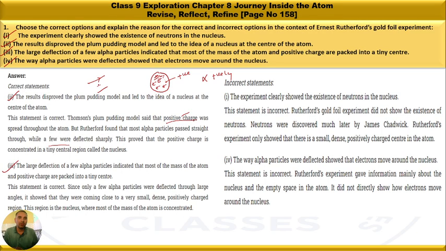Alpha particles are positively charged, and if one collides with a positive charge, then a deflection will take place. So in Rutherford's alpha particle scattering experiment, Rutherford observed that there is some central part of an atom where the deflection took place, and the deflection was such that some particles went backward at 180 degrees.